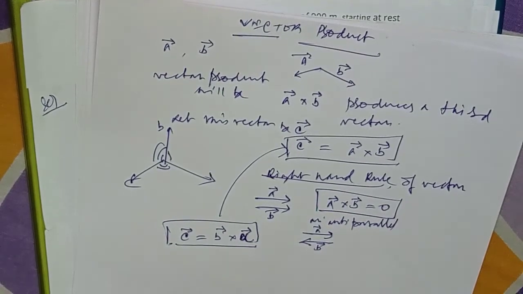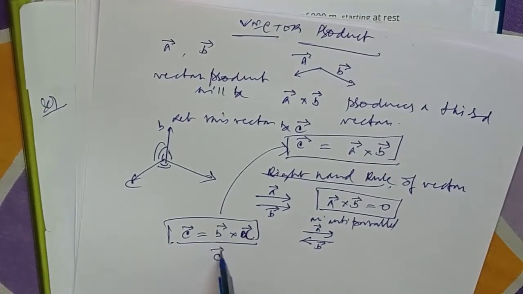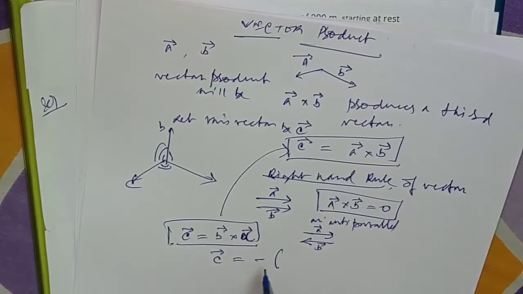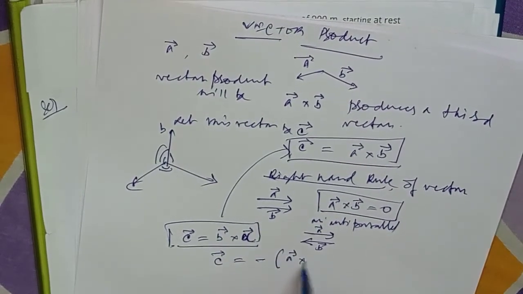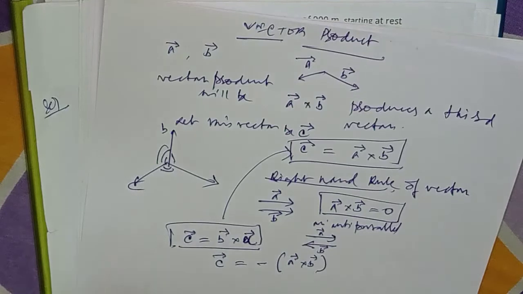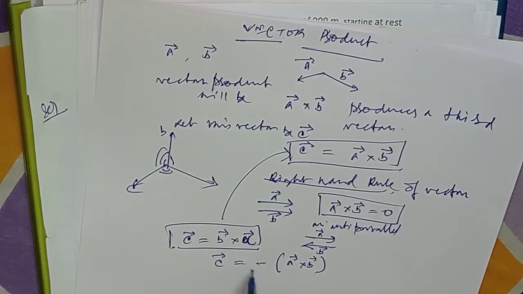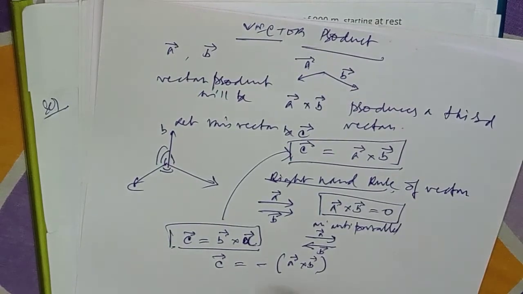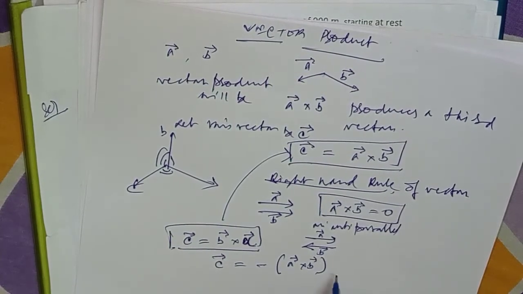In this case, if it is in the opposite direction, it will be like this, obviously. As we know from the previous addition cases also, if you change the direction, we just change the sign.